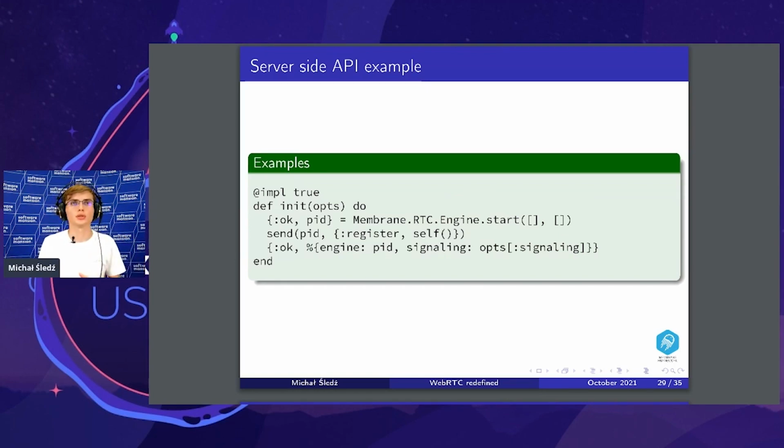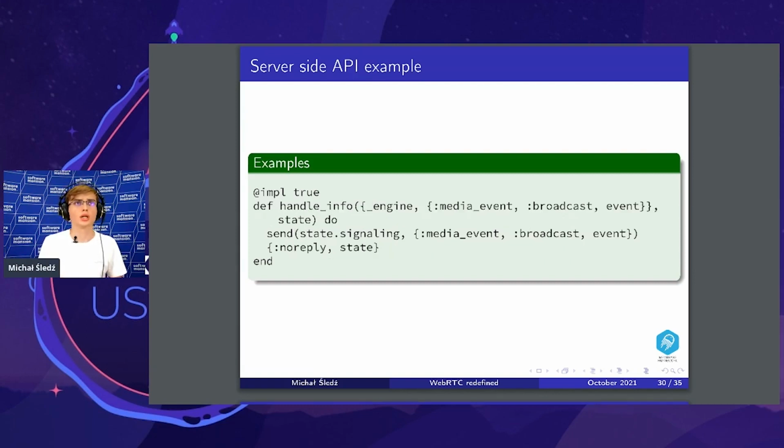Everything we need to do is to create a new instance of RTC engine and register ourselves for messages from RTC engine. That's all. Next, we have to be prepared for receiving media events from our RTC engine. This media event can be dedicated to all other peers.